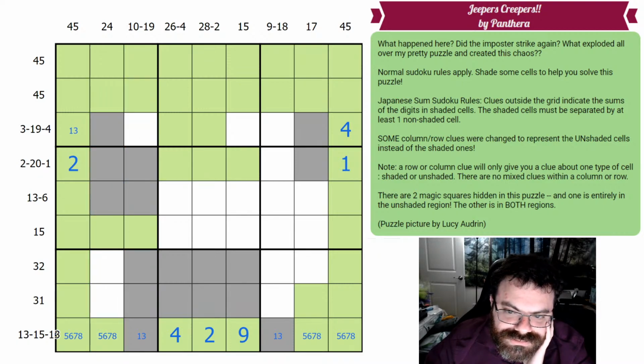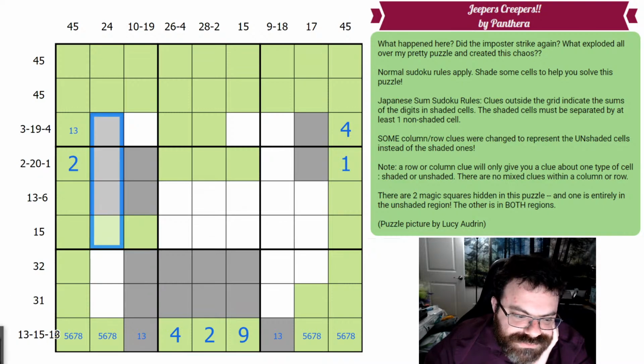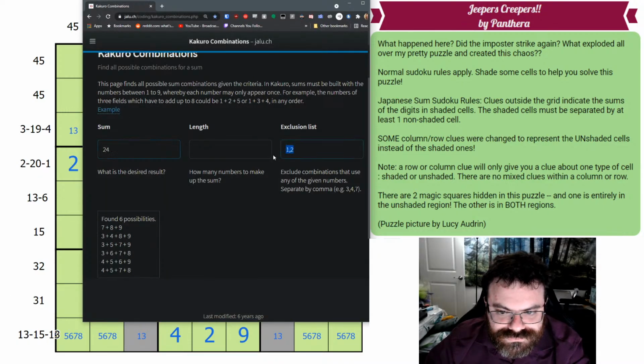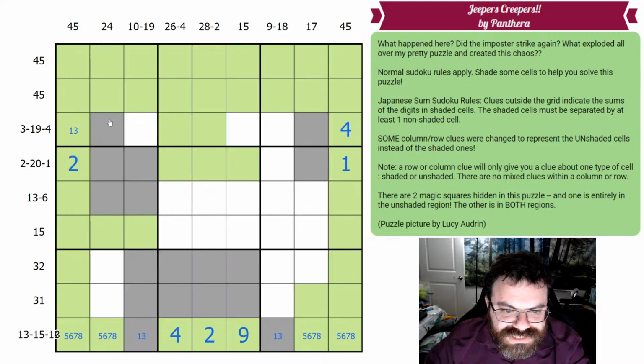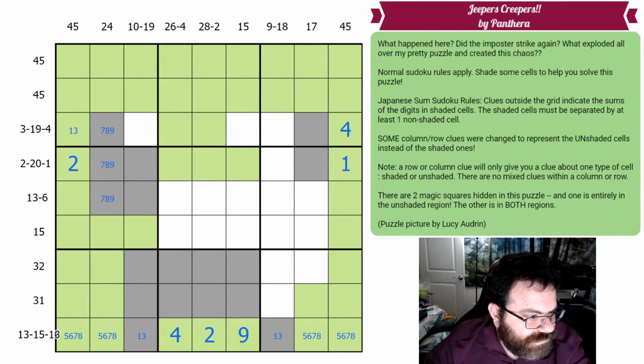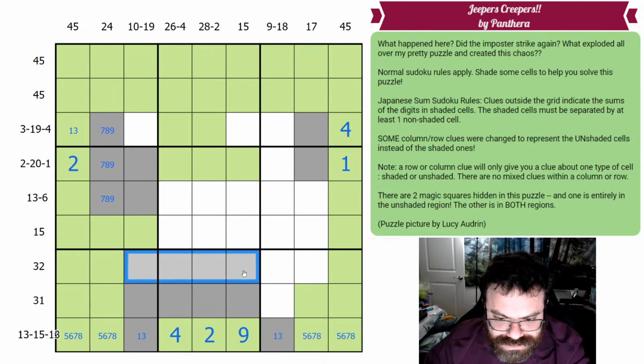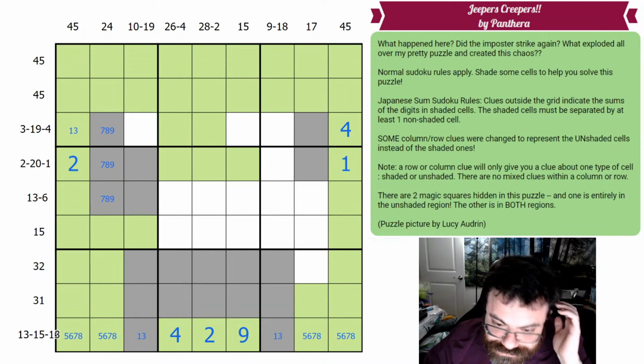This has to be one longer. 24 and 3. Has to be 7, 8, 9. These are green. These both had to be 5 long, at least. This one is 5 long.